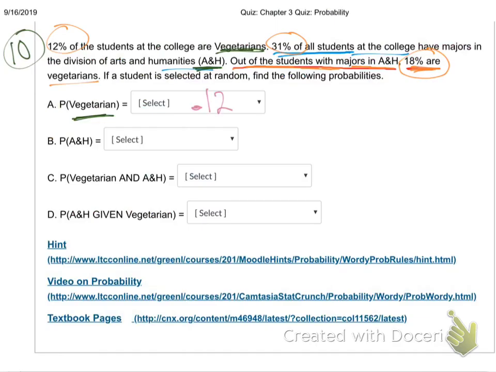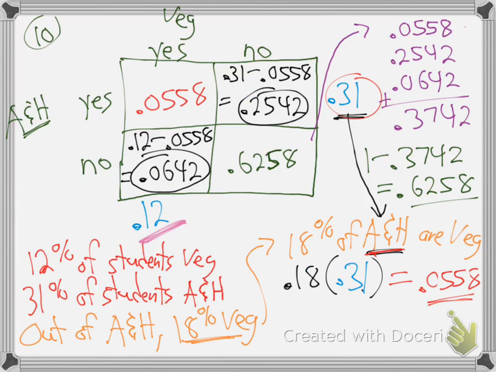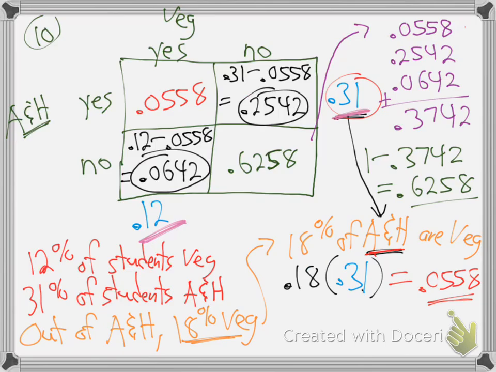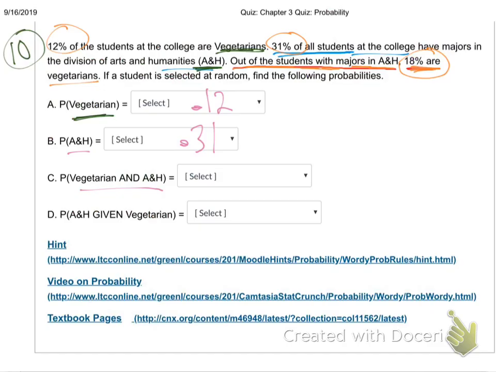What's the chance they're arts and humanities? 0.31. It's just straight off right there. What's the chance they're vegetarian and arts and humanities? That's right here, because that's yes and yes. They're both. 0.0558. Do they want 2 decimals or do they care?